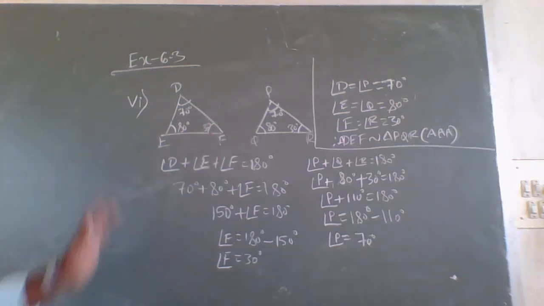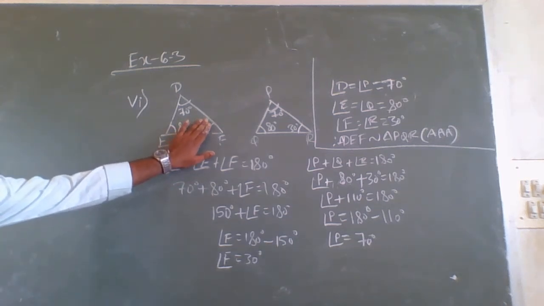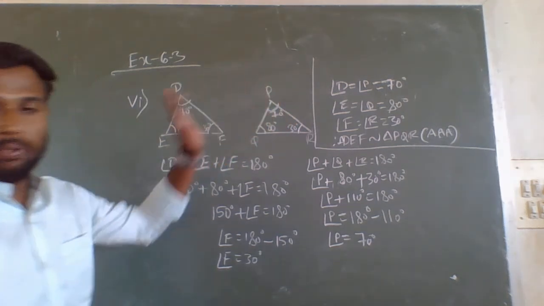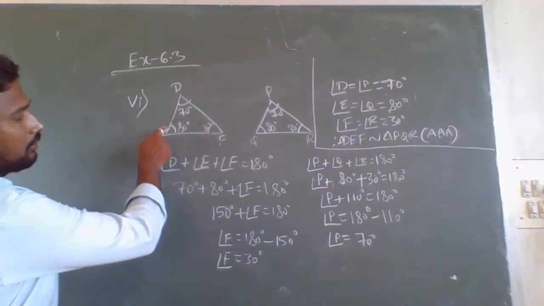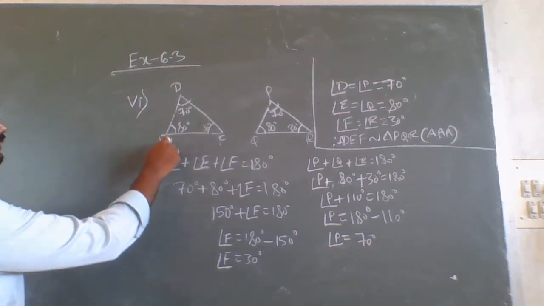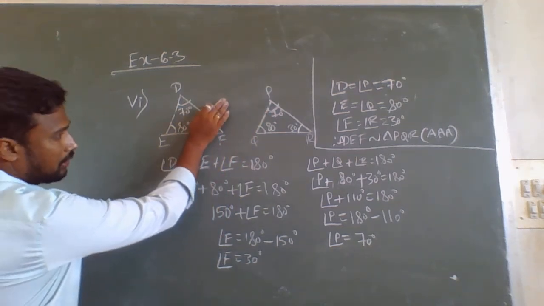By observing this problem, we can say that here they have not given this angle F, and here they have not given angle P. But here 80 degree and 70 degree are given.